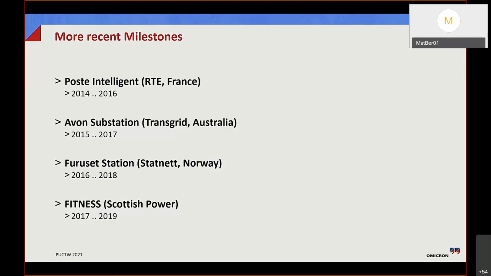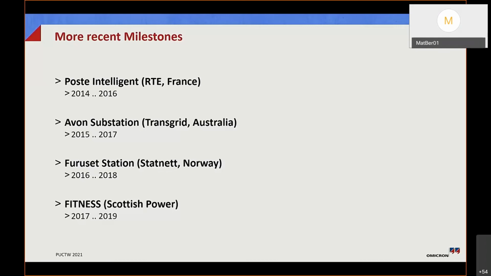The time ranges shown, year from to, might be a discussion with people more involved in these projects about when they really started and when they considered it to be finished. But at least these time ranges are when we saw most of the things going on, most of the questions asked and most of the issues discussed around these substations.